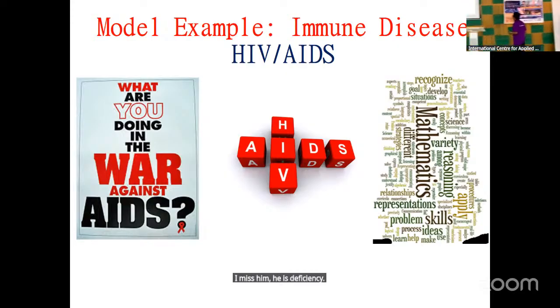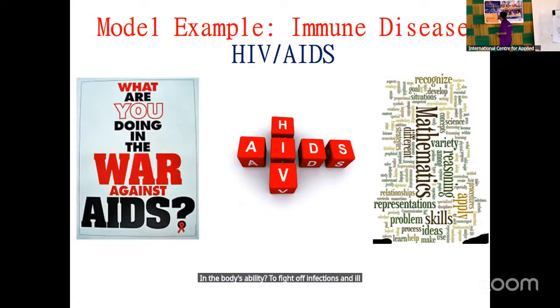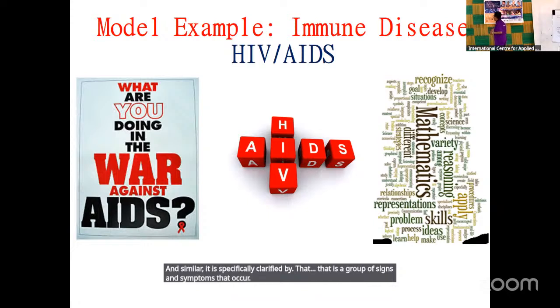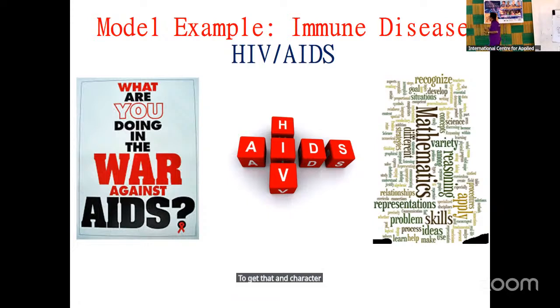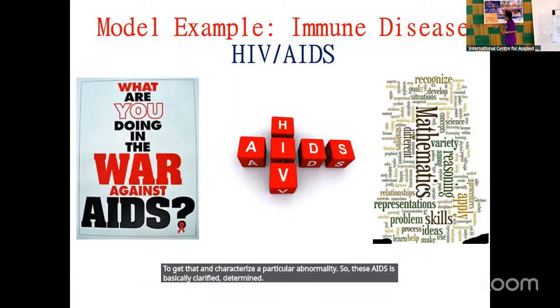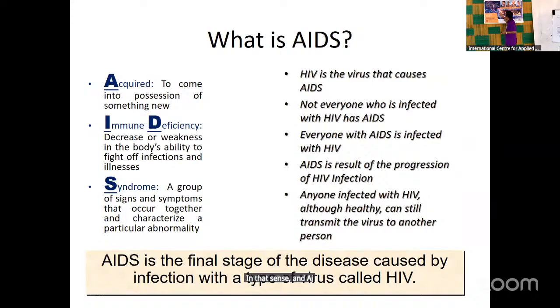It is disease or weakness in the body's ability to fight off infections and illness. And syndrome is specifically clarified as a group of signs and symptoms that occur together and characterize a particular abnormality. So AIDS is basically clarified literally in that sense.